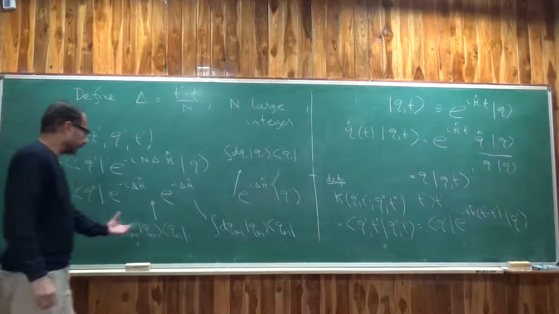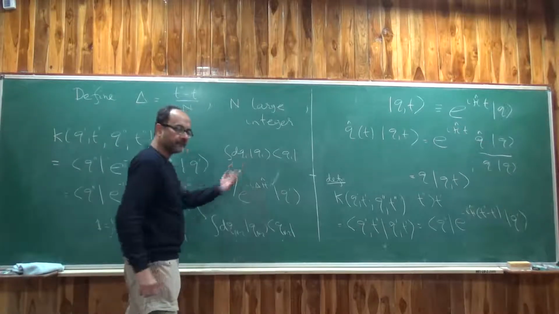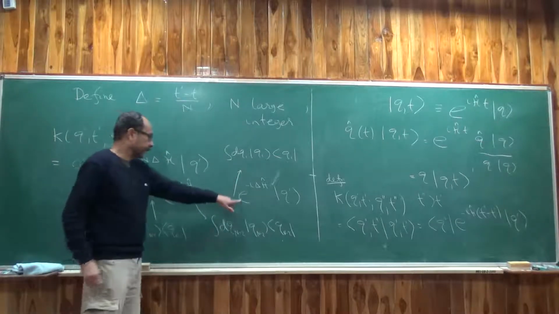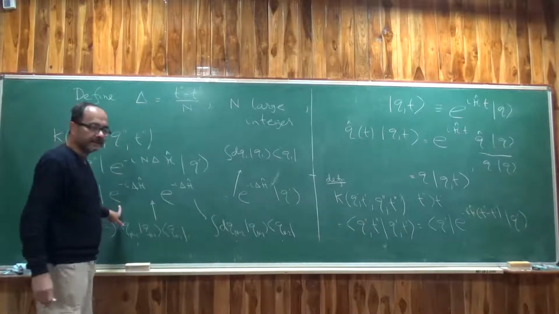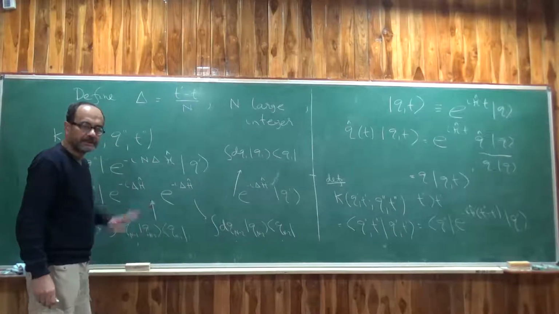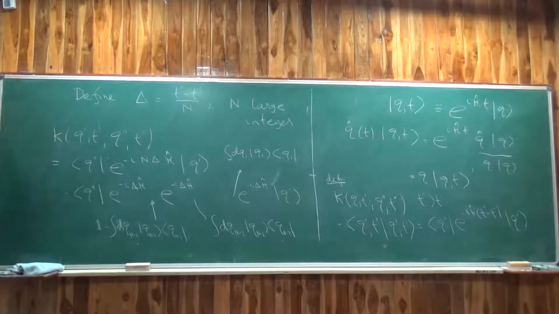So this gives you altogether n minus 1 insertions, which separate out these n factors. But we are just inserting the identity in each of them.